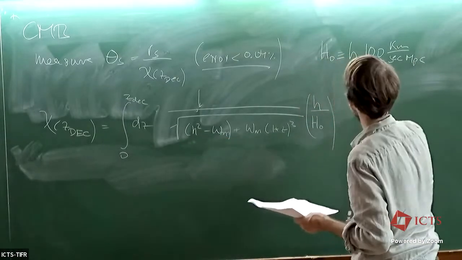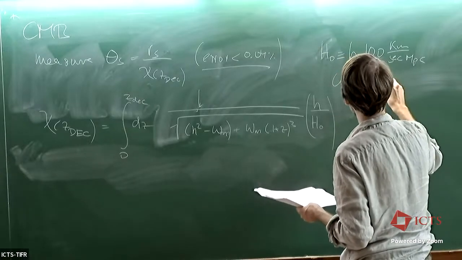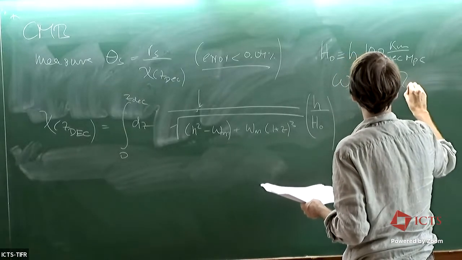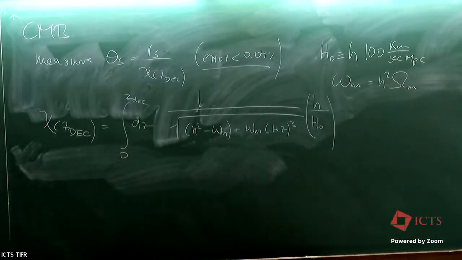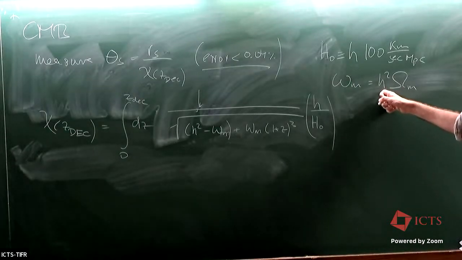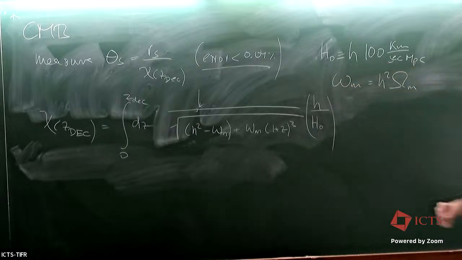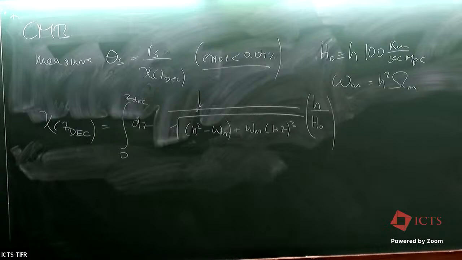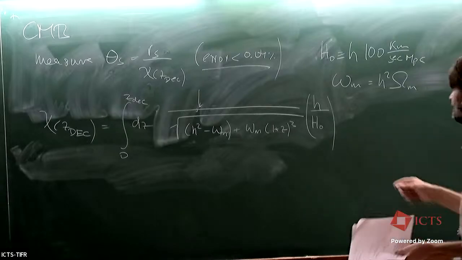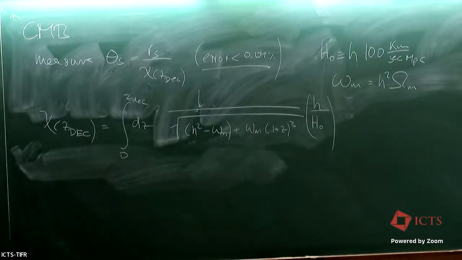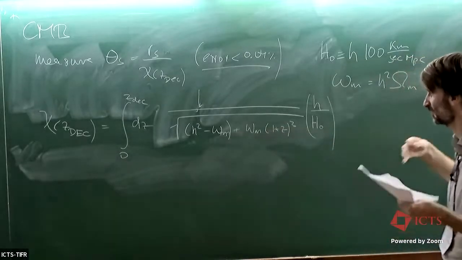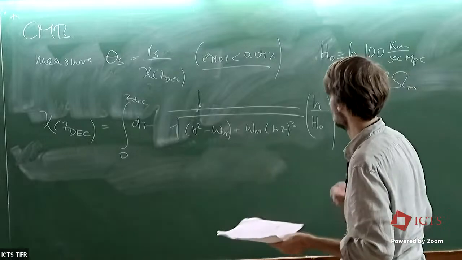And what's the little omega? The little omega is our capital omega times little h squared. So that is important because you remember capital omega depended on H naught as 1 over H naught squared. So multiplying it by little h squared means this little omega is independent of Hubble. So it's an independent measure of the matter energy density, which is independent of Hubble. So if you want to know how Hubble is constrained by measurement, we should express everything in terms of quantities that are independent of Hubble.